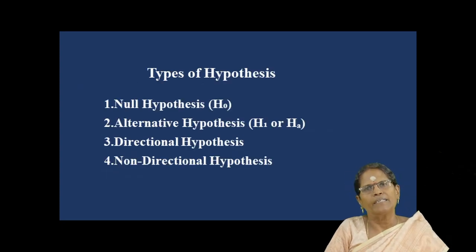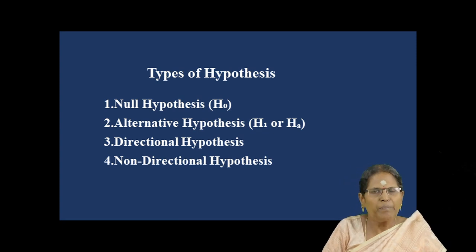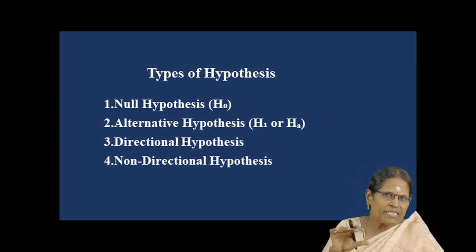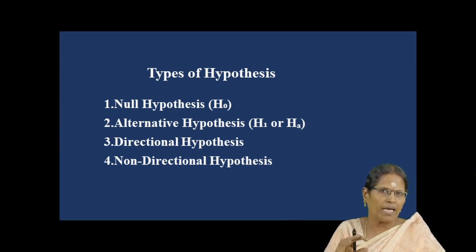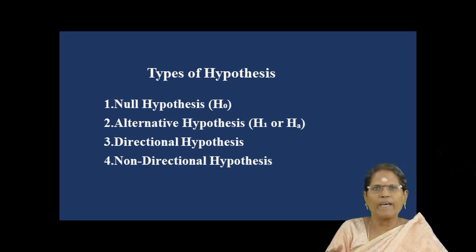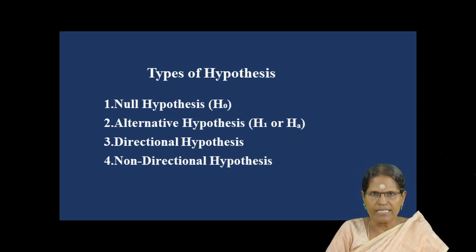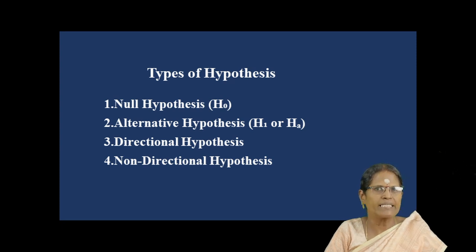The hypothesis can be framed in many ways. Based on the contents, the terms and the expression, the hypothesis can be divided into many types. The first type of hypothesis is the null hypothesis.